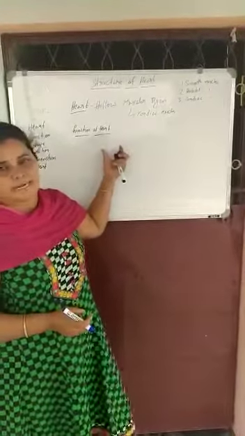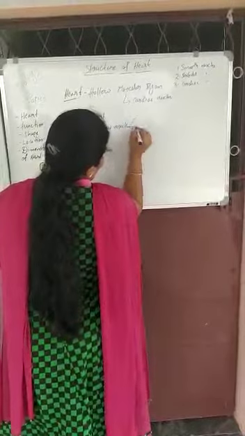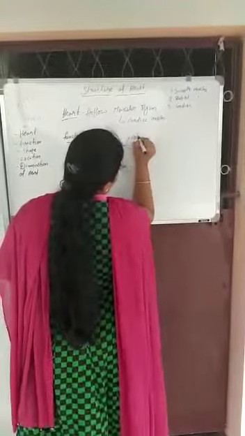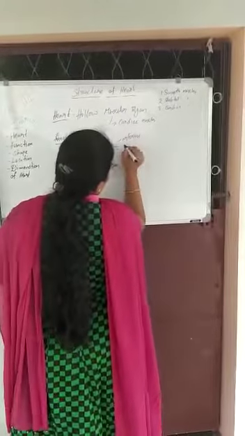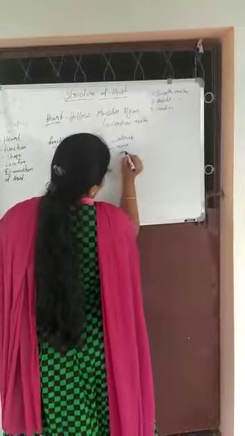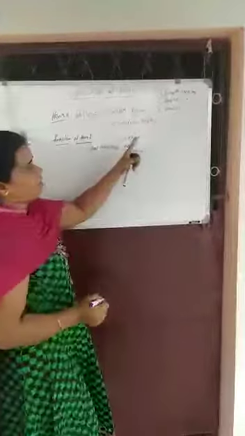Because of the blood vessels. Generally, blood vessels are of three types: arteries, veins, and capillaries.